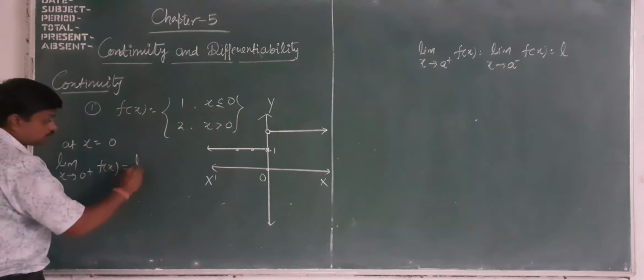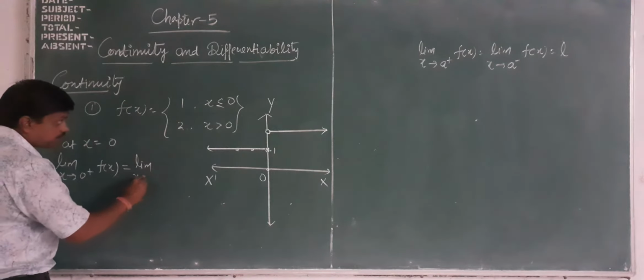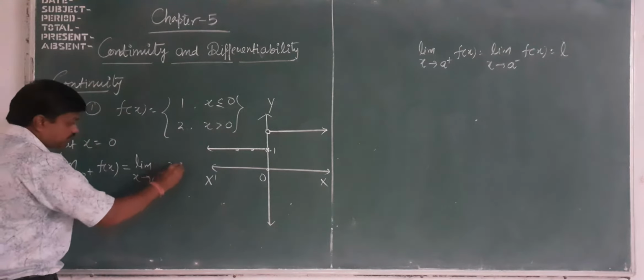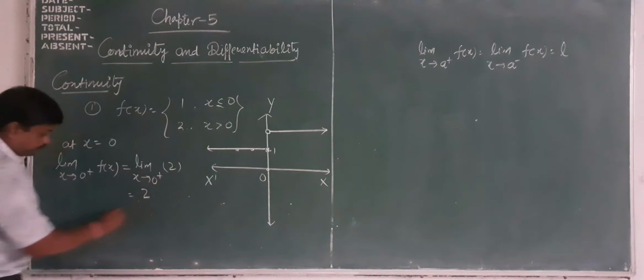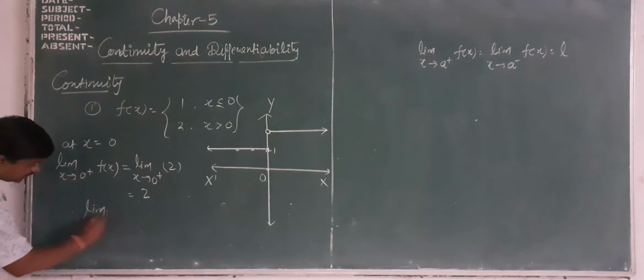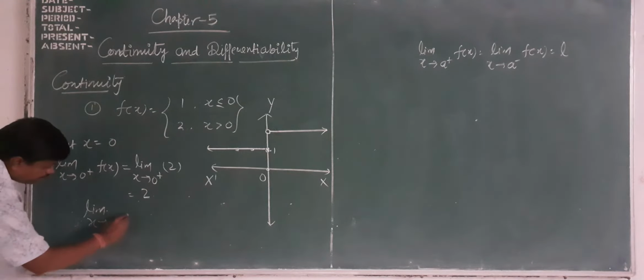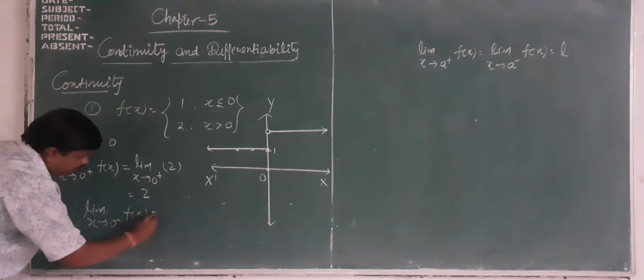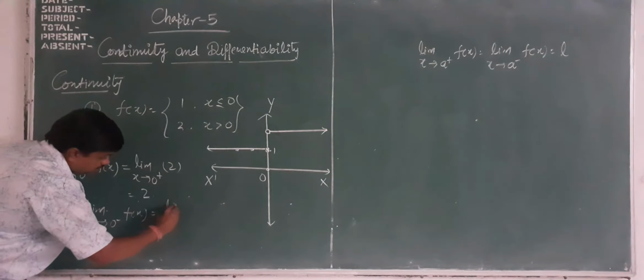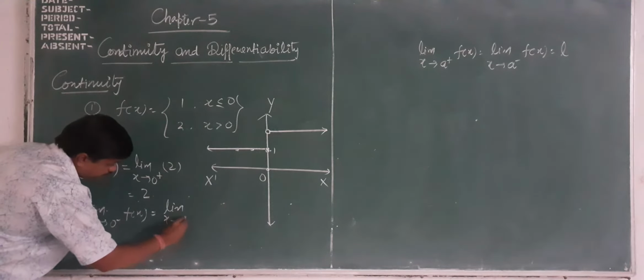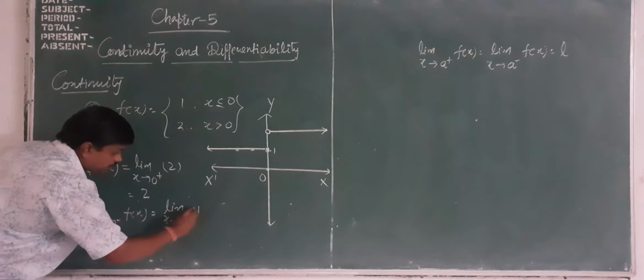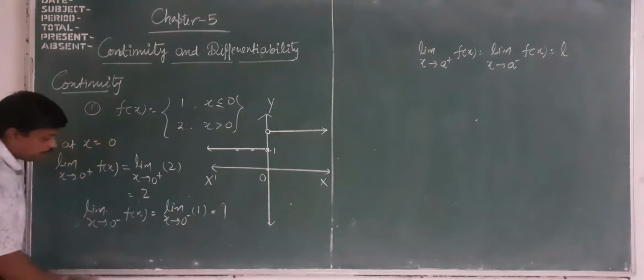The value of the function here is 2, so this value is 2. Limit x tending to 0 minus f(x) is 1, so this value is 1.